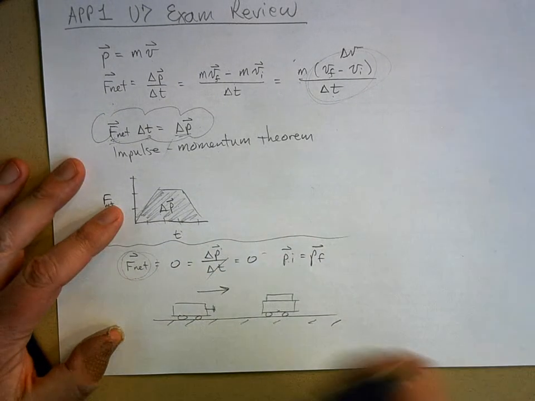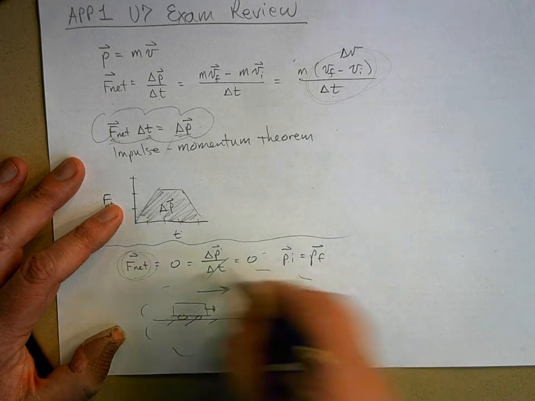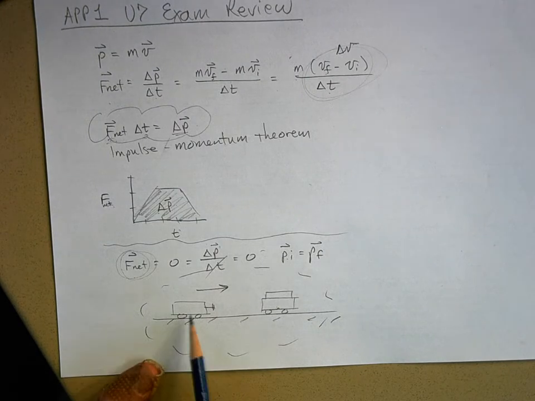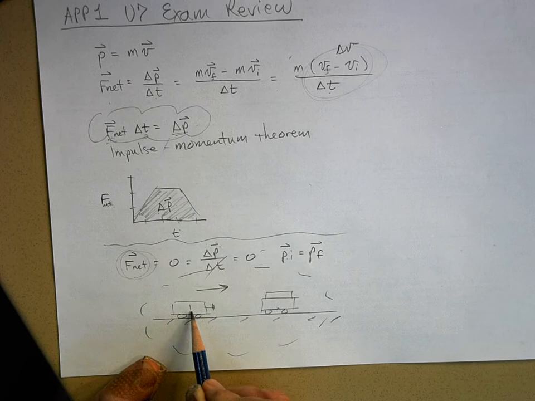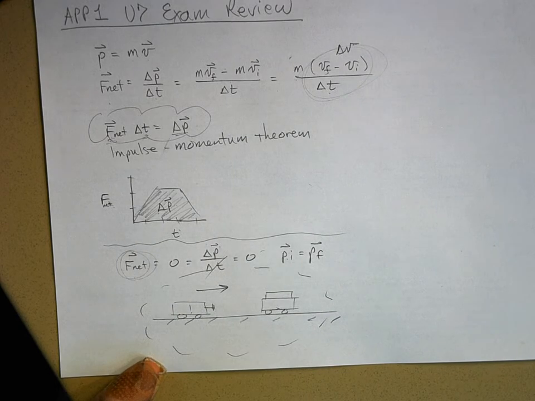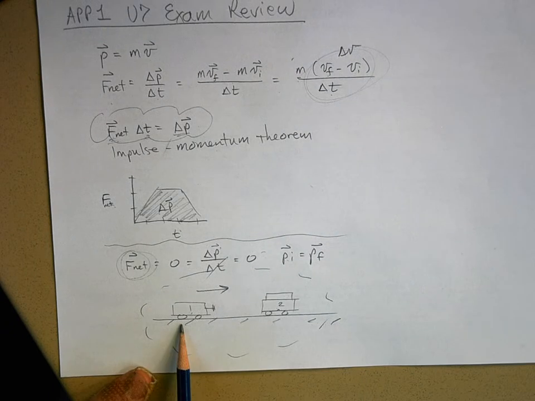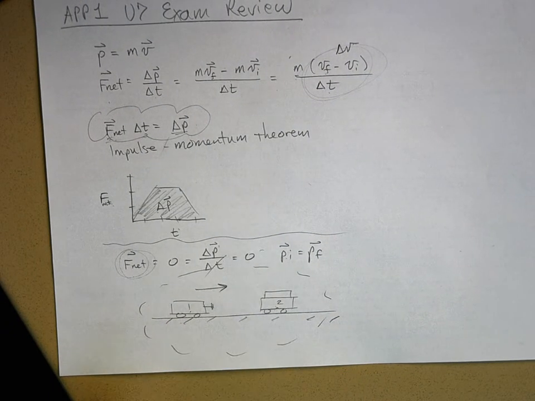So if you include both of them in your system, there's no net outside force acting on your system. And what that means is that, if this is object 1, it gets its momentum changed. Object 2 gets its momentum changed, but the change of momentum of object 1 is equal but opposite to the change of momentum of object 2. So that when you add them together, you get 0 overall change of momentum for the entire system.